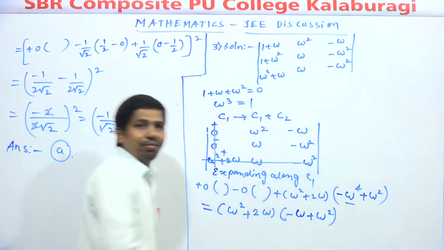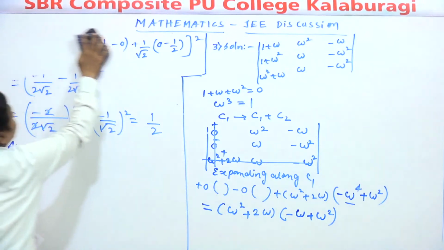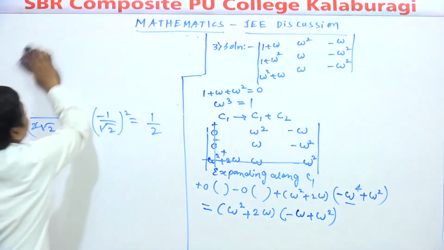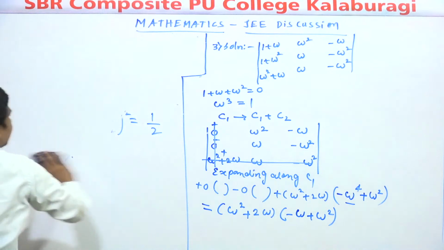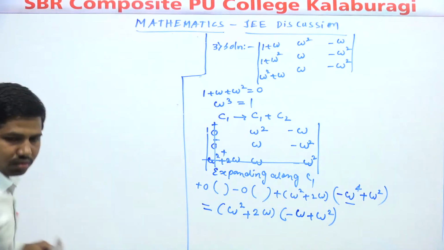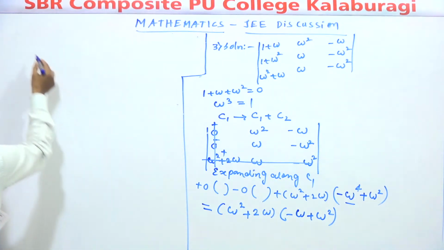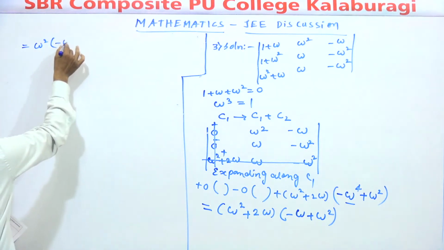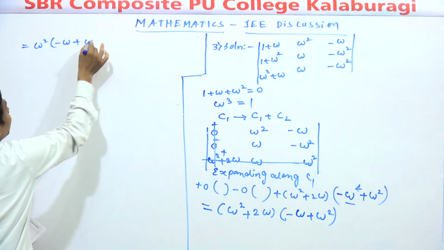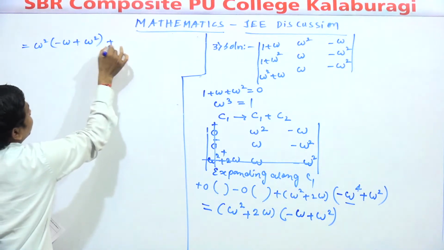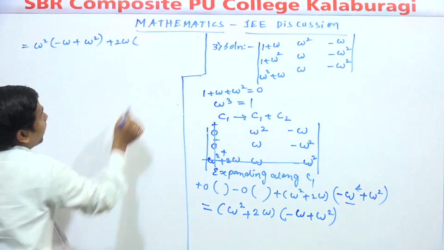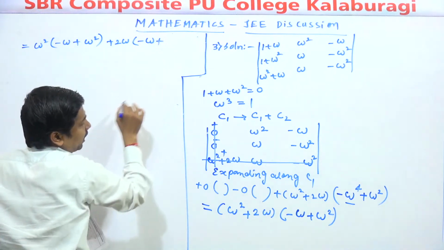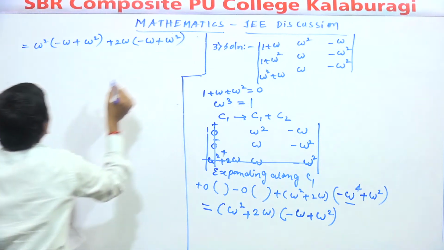Now we'll simplify this term. So if we simplify, what we'll get? Omega square into minus omega plus omega square, plus 2 omega into minus omega plus omega square.